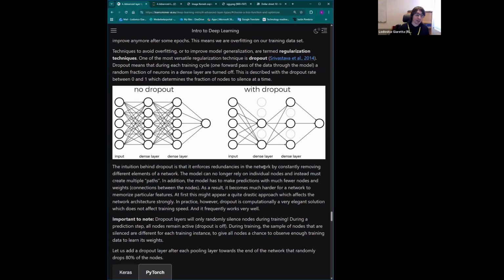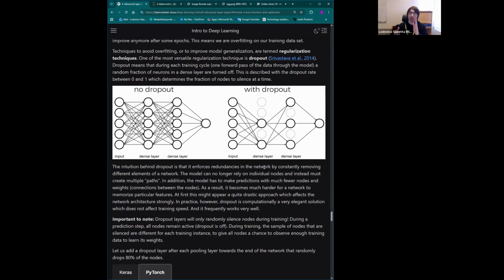And this will make it have to learn redundant information. So not only learn, okay, if I see specific horizontal lines and specific vertical lines, then it's this specific training sample. No, now it has to be able to generalize. Well, horizontal lines and vertical lines correlate in a certain way, and if I see one, I can kind of make a prediction without having seen the other.